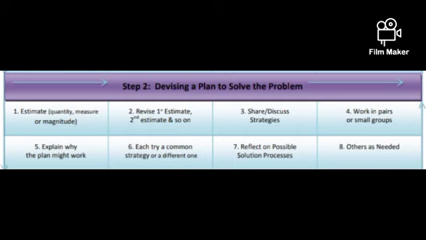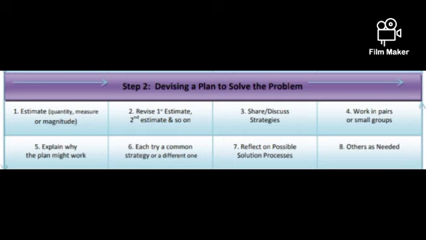Make an estimation of the magnitude of the measurements involved in the problem, such as length, weight, height, and making an estimate is the starting point for making a plan that can work out to solve the problem.